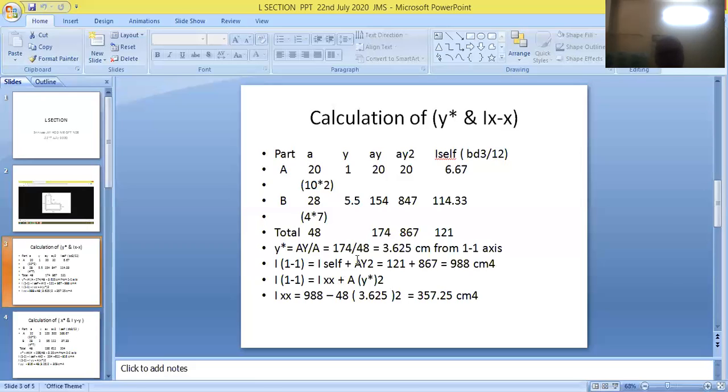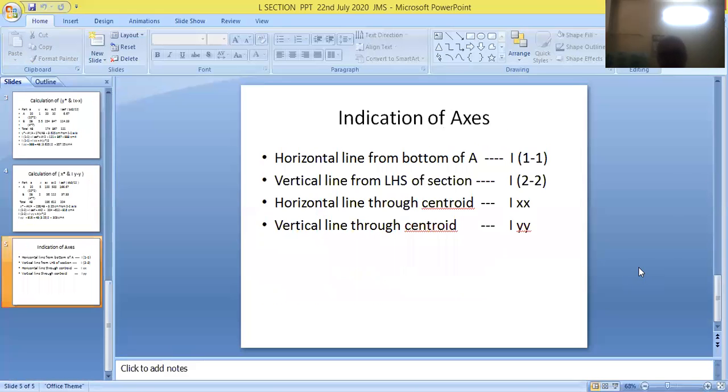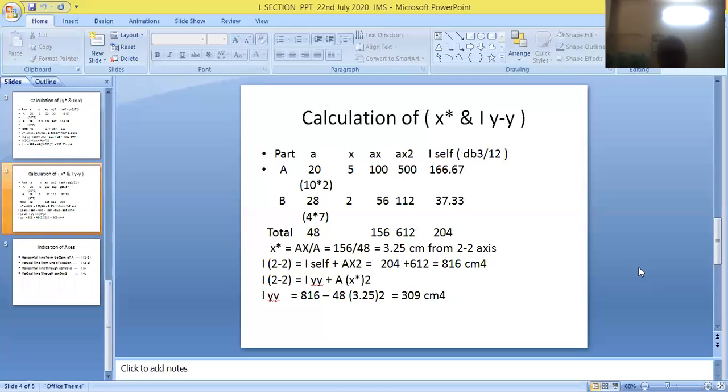So friends, we have measured values of Y bar and IXX. So finally, friends, this L section is neither symmetrical about x-axis nor symmetrical about y-axis.